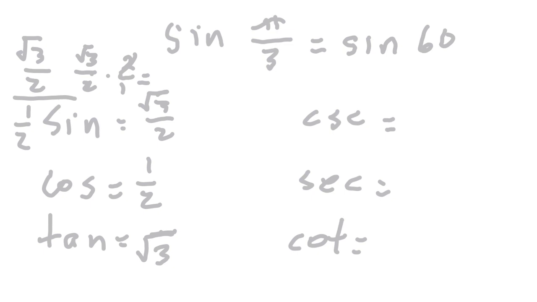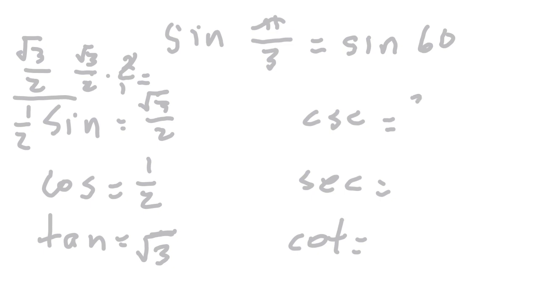So square root of 3 over 2 is sine, 1/2 is cosine, and tangent is square root of 3. Now, if you got your unit circle, of course, you can get all of these answers just by looking at the unit circle. Now, to get cosecant, you're going to say 1 over sine. Here's why they call these the reciprocal functions. You can just take the reciprocal of that fraction.